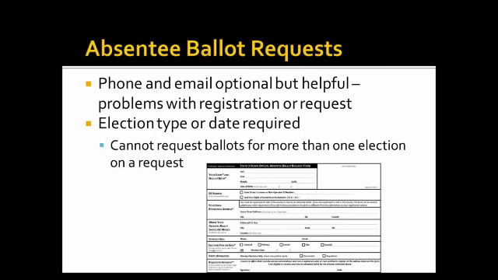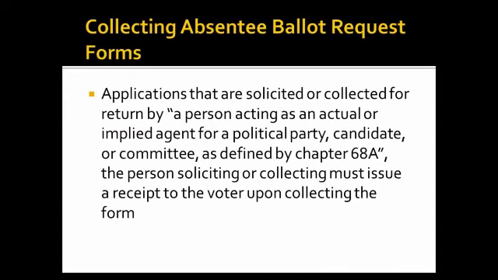In addition, when you're collecting absentee ballot request forms, you should know that for applications that are solicited or collected for return by a person acting as an actual or implied agent for a political party, candidate, or committee, as defined by Chapter 68A, that person has to issue a receipt to the voter upon collecting the form.